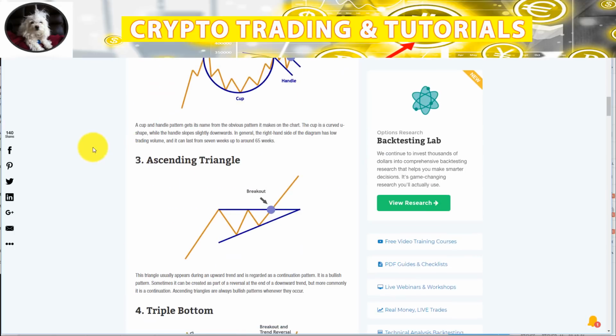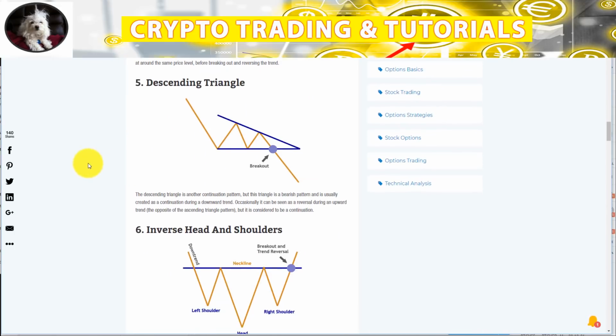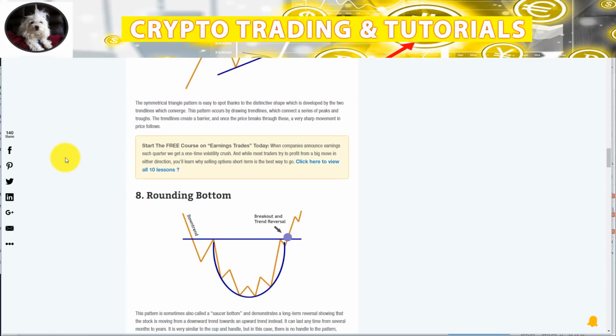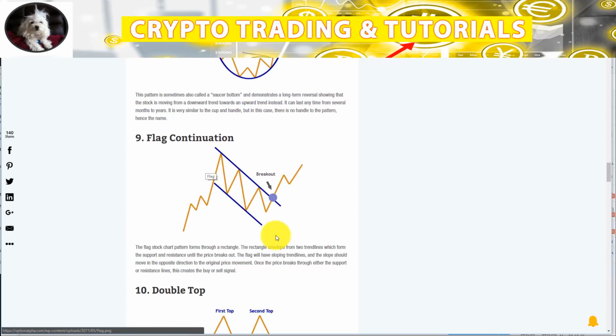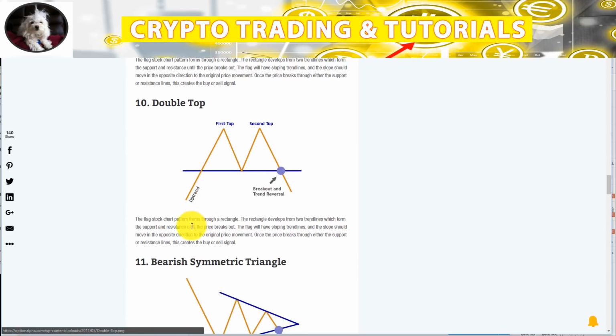If we go through here, there's an ascending triangle, there's the triple bottom, the triple top, the inverse head and shoulders, the head and shoulders, right? There's the rounding bottom, you know, the flag continuation, the double top. So I mentioned that, first top, second top, right? So these are chart patterns that are reliable for some things.